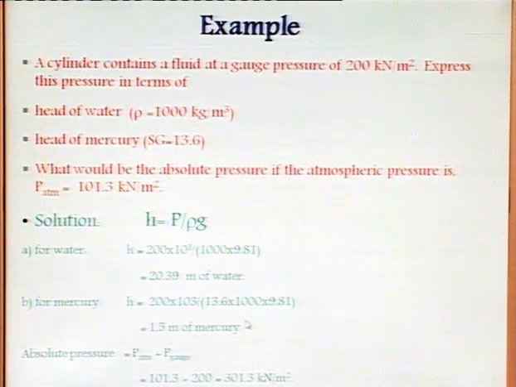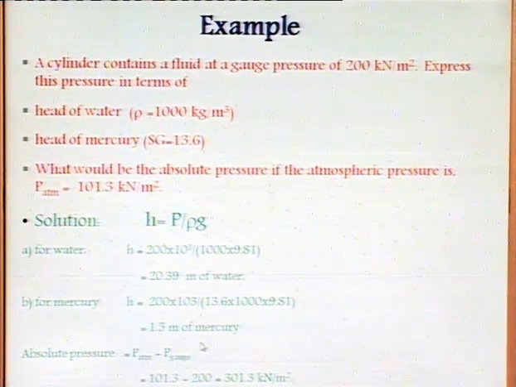But for the same gauge pressure with a different liquid, instead of water we will take mercury, then height becomes 1.5 meter.